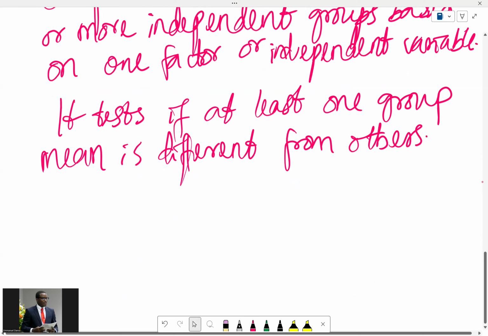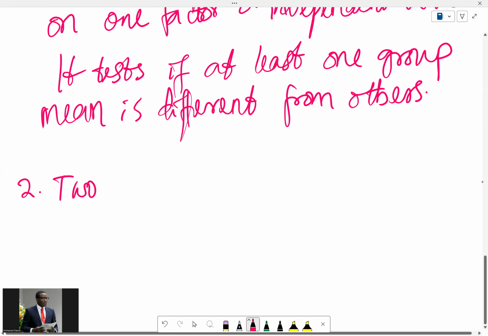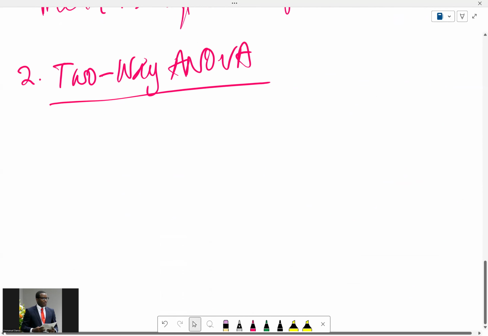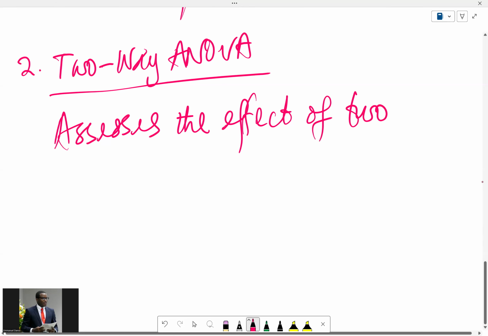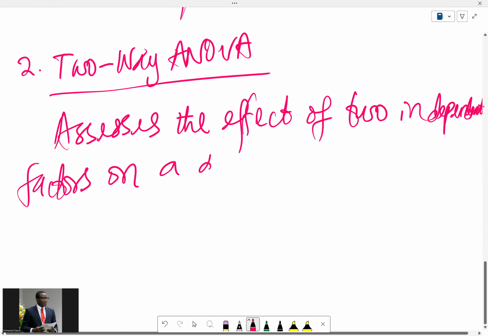Okay, so we have another type of ANOVA, which is the two-way ANOVA. And what does this do? Two-way ANOVA assesses the effect of two independent factors on a dependent variable.